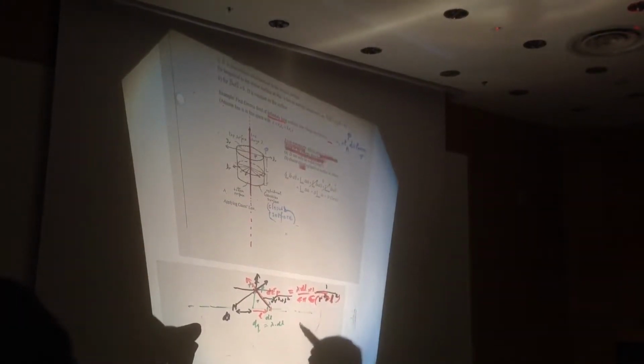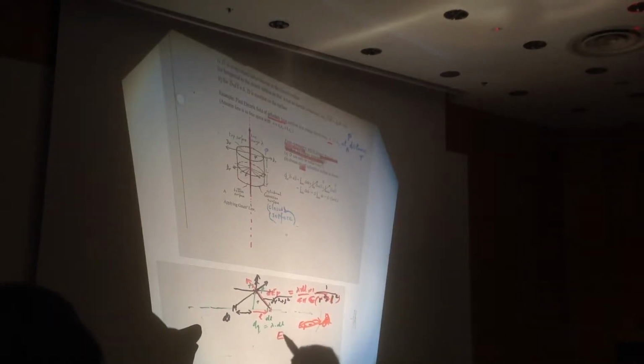This method will involve integrating from minus infinity to plus infinity, but finally, after a lot of work, you find that the answer is E_r equals lambda over 2 pi epsilon r.